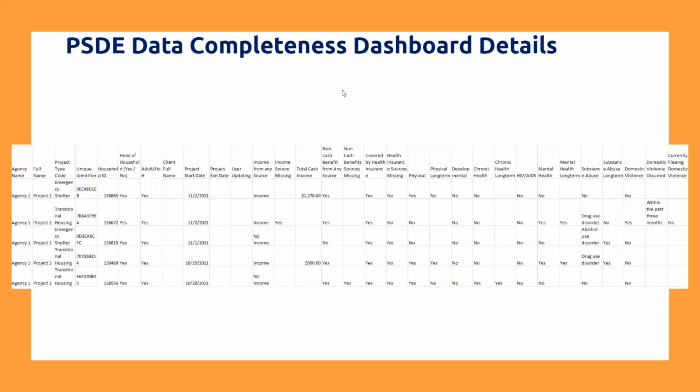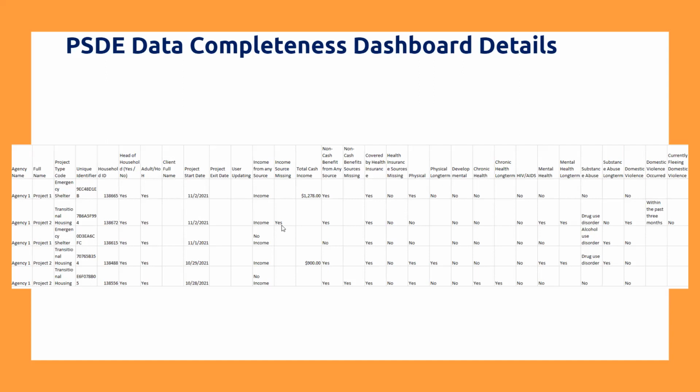And we also have a data completeness dashboard details report. So it's like a CSV or Excel type file. There's a separate row for each client, and it will list all of their responses for their data elements at entry or exit.